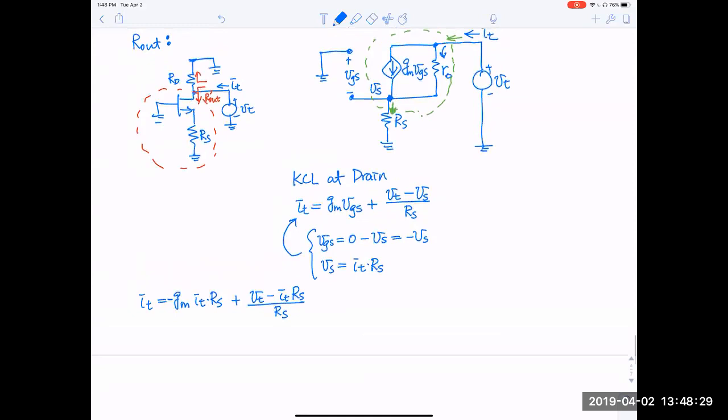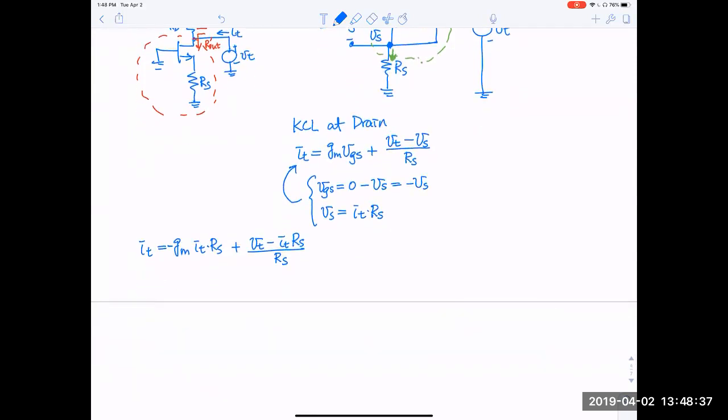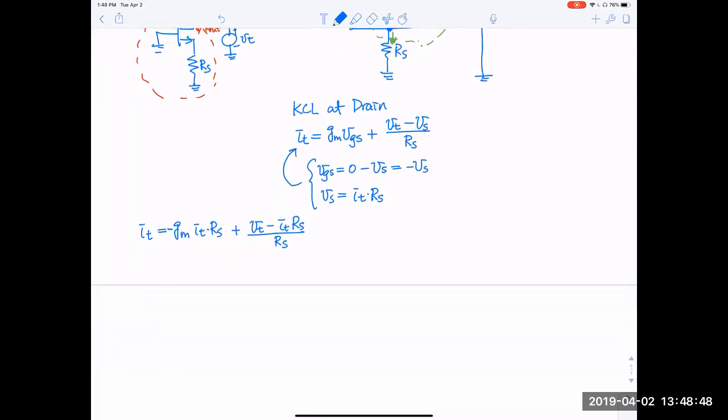Okay. Yes, I think this is correct. So basically, we just substitute these equations.